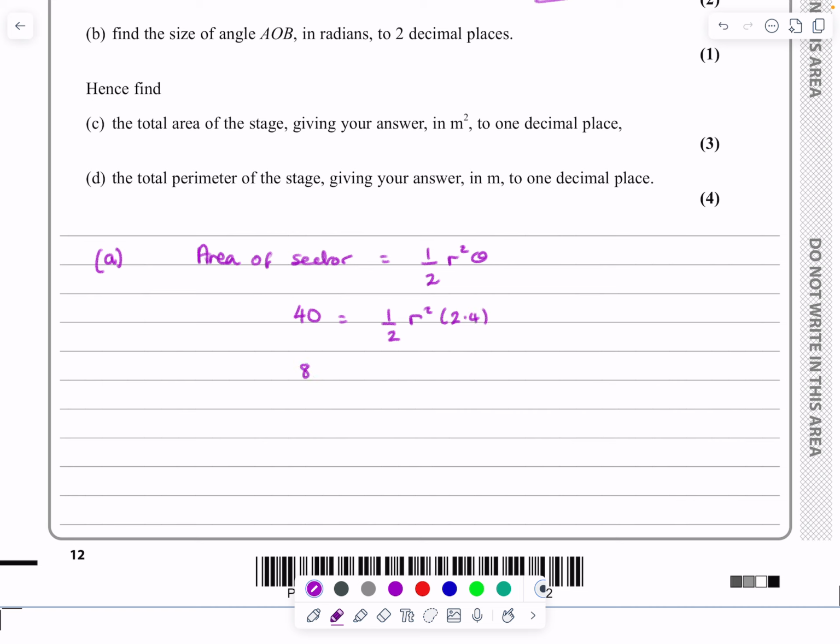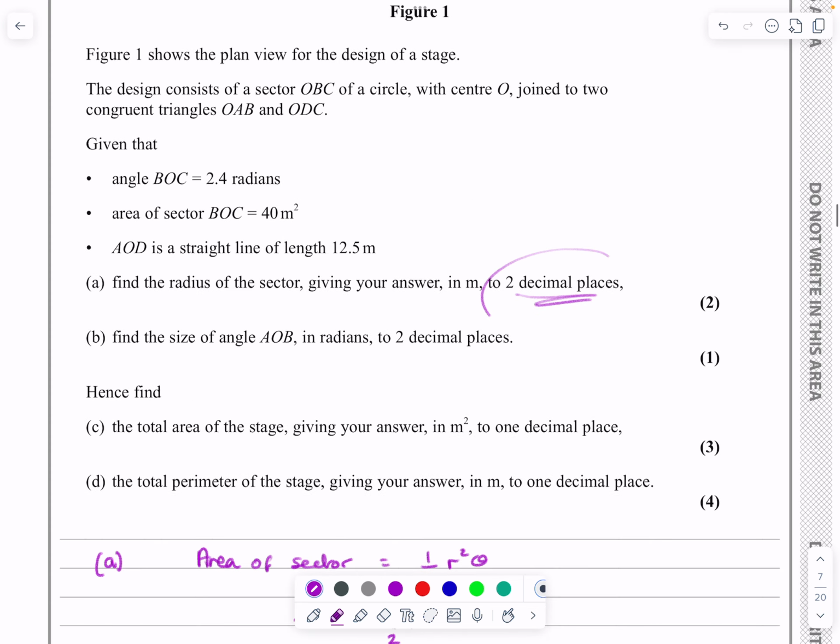We're going to get that 80 is equal to 2.4 r squared, and so r is going to be the square root of 80 divided by 2.4, and that means that r comes to 5.77 metres, because going back and looking at the question, it said to 2 decimal places there. So not too bad for part A.